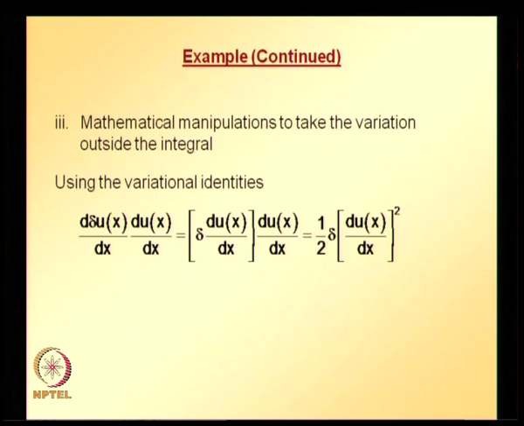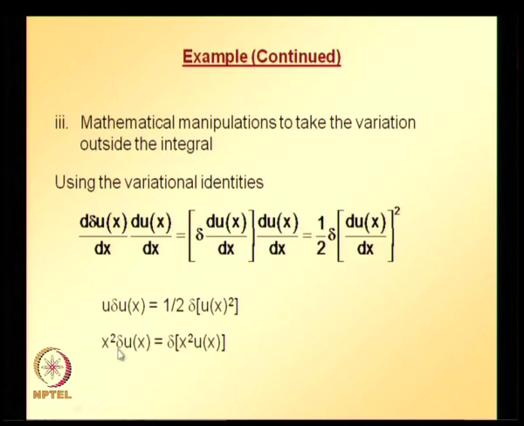If you see the first term inside the integral, you have this kind of quantity that can be rewritten in this manner, and also we have this kind of quantity, u times variation of u, that can be written as one half variation of u square.